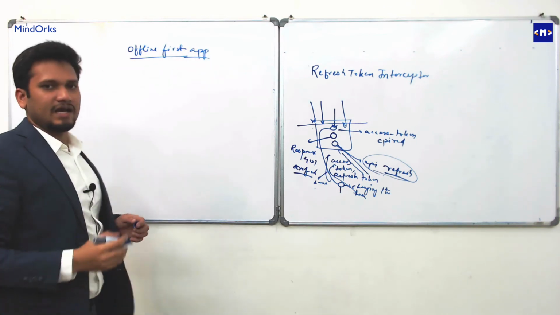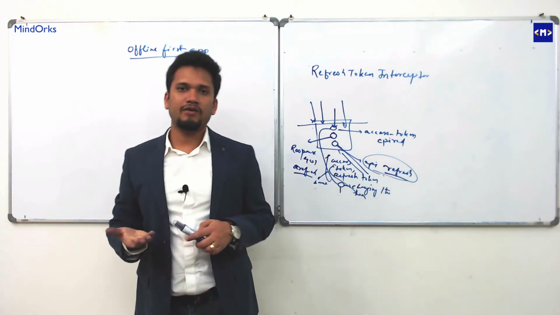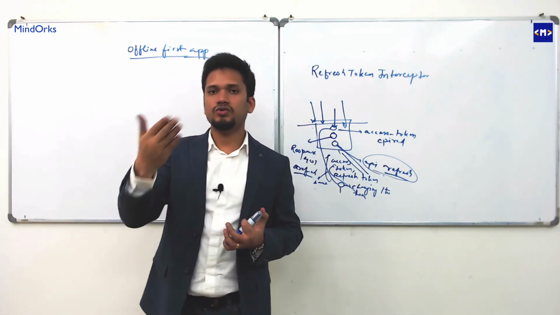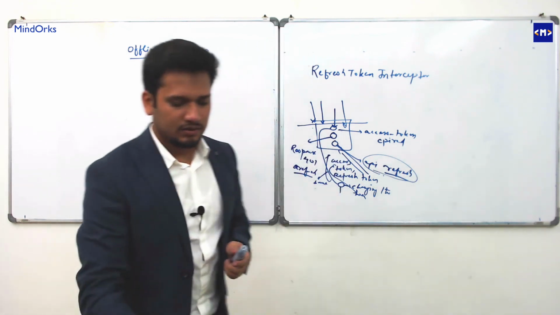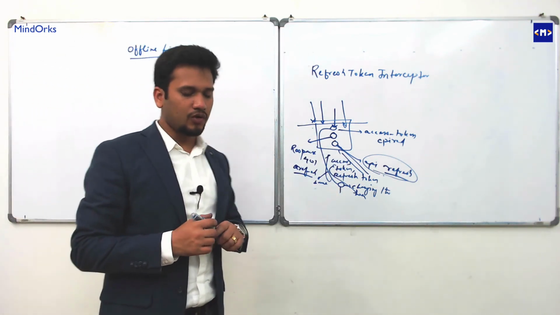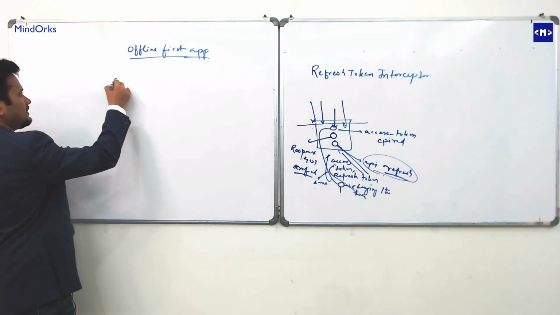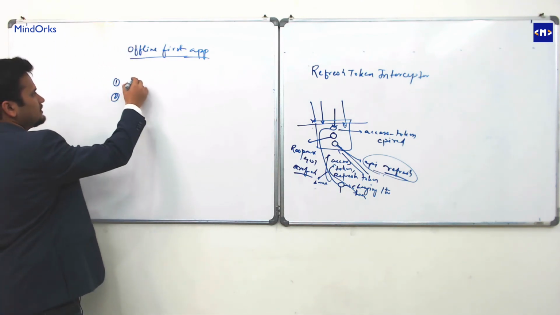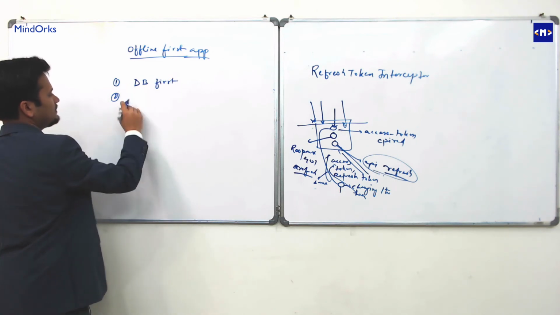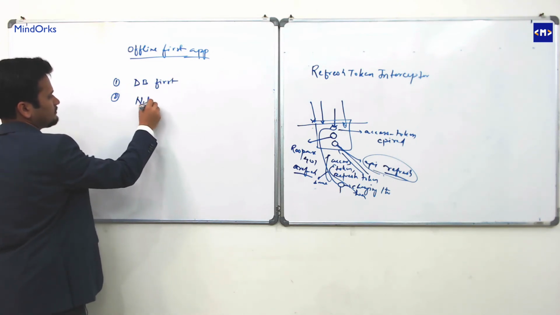What it means is that if you don't have a network, you will still have some information to show to the user. There are various design patterns you can follow, and two are important: one is DB first and the other is network caching.